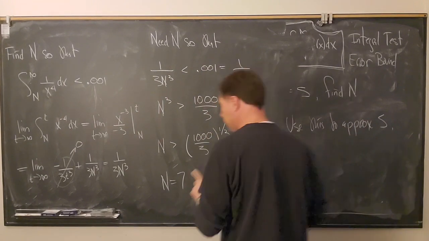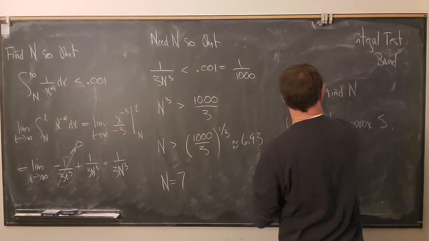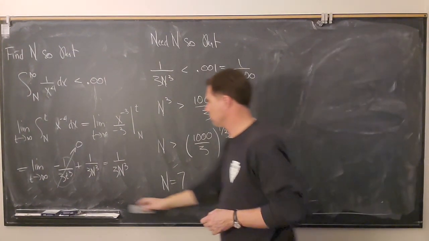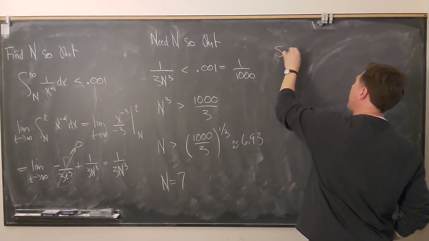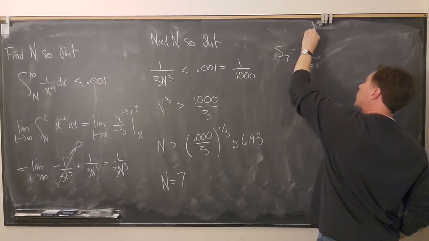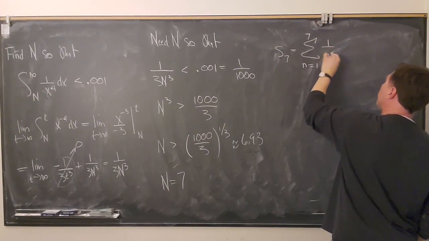Okay, now s sub 7. What does that mean? s sub 7 is the sum from n equals 1, and don't go to infinity now, we stop at 7, of 1 over n to the 4th.